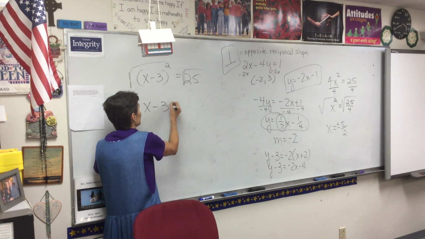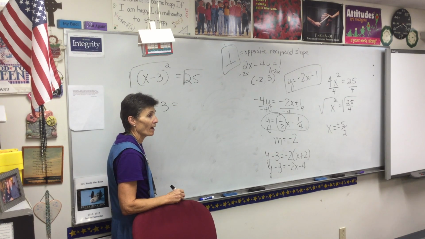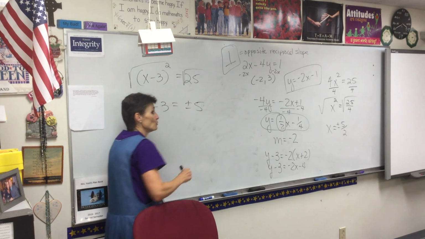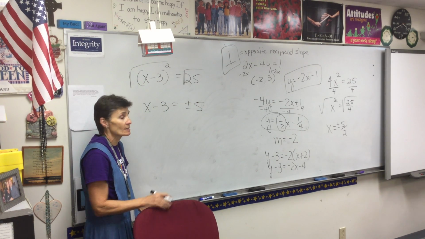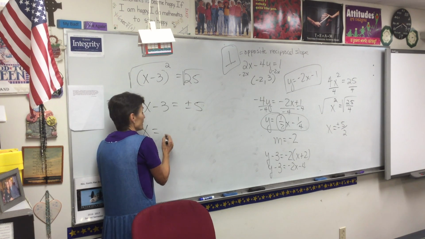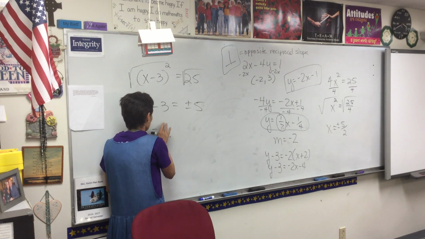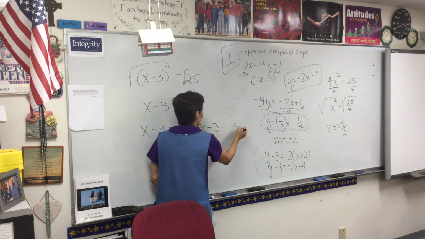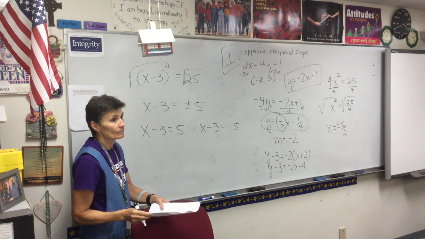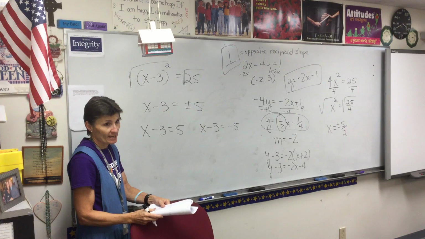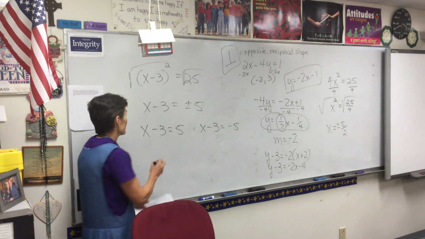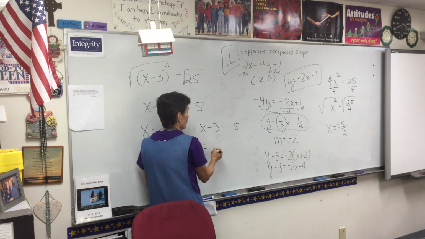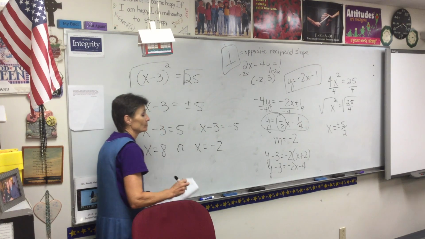What's the square root of 25? Plus or minus 5. Do not forget your plus or minus. So we have x minus 3 equals 5, and x minus 3 equals negative 5. How many answers are we going to get? 2. So x equals 8, or x equals negative 2.